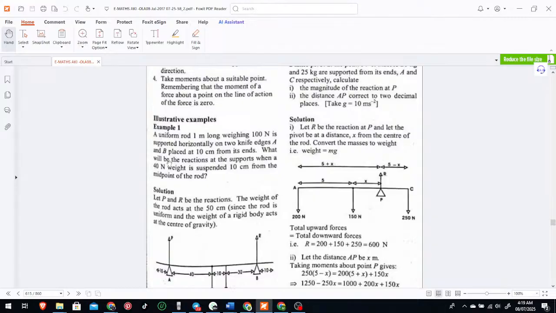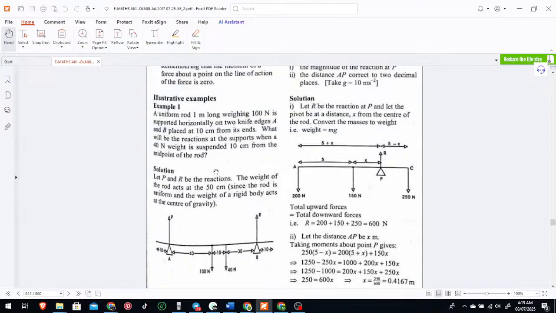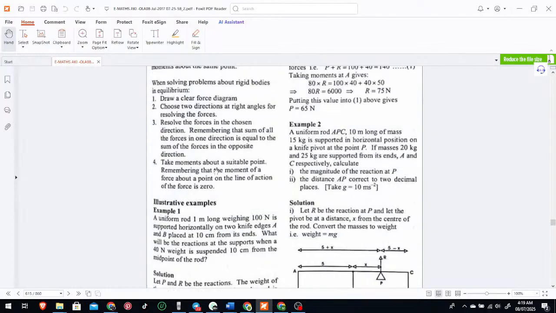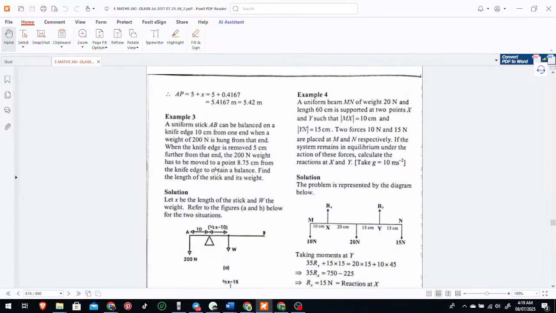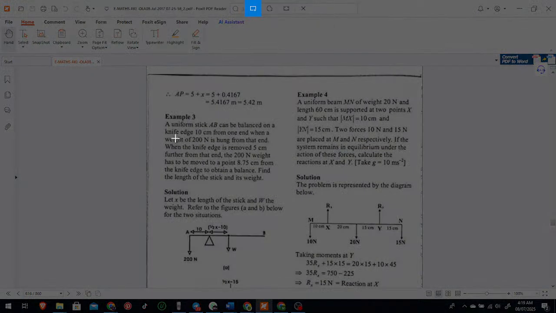So we have an example here. I want a classical example.